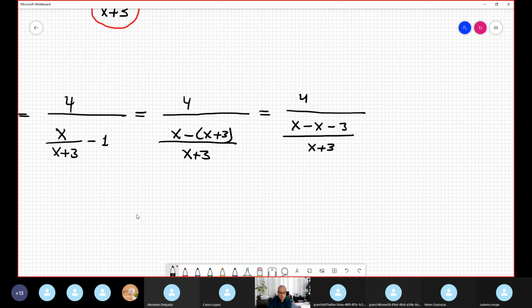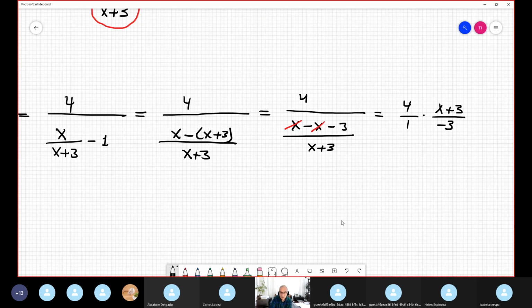And this is cancelled. Look, positive x and negative x, and negative 3 stays alive. Well, I copy 4 over 1 times, flip that, is x plus 3 over negative 3.